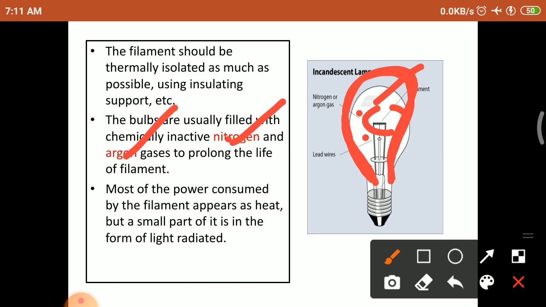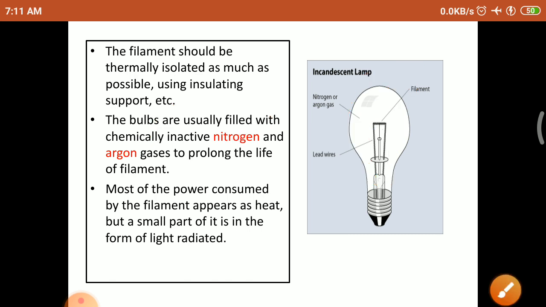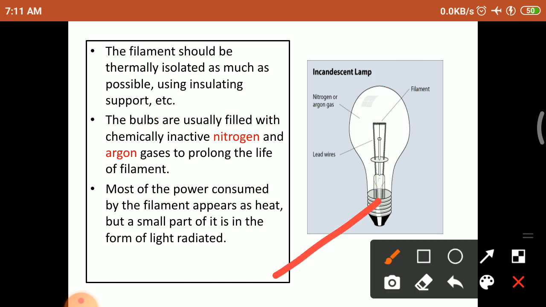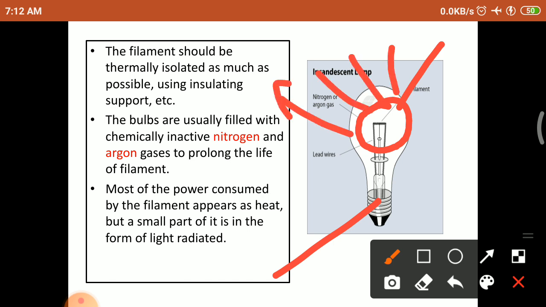Most of the power consumed by the filament appears as heat, but a small part of it is radiated in the form of light. So when we give current to this electric bulb, most of the energy goes to heating the filament. Only a small amount of energy is radiated as light. So due to the heating effect of the filament, we get light.